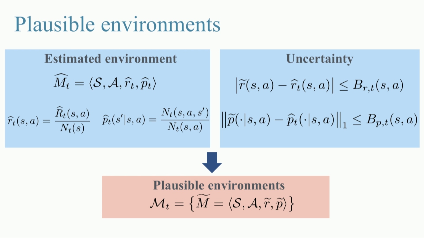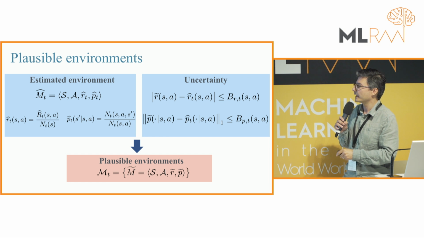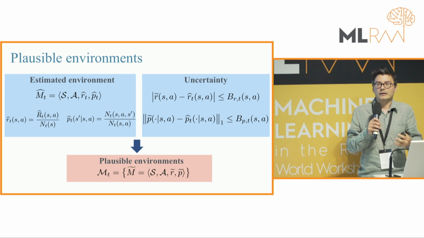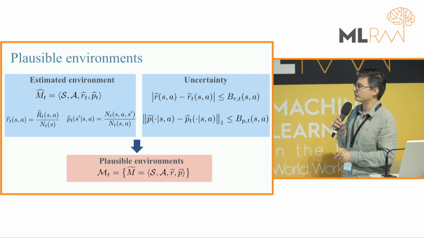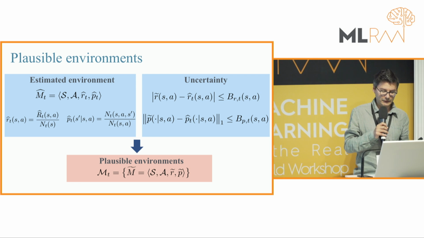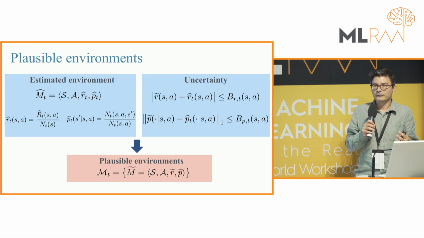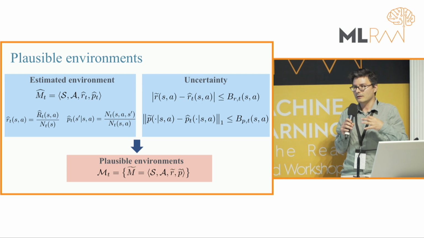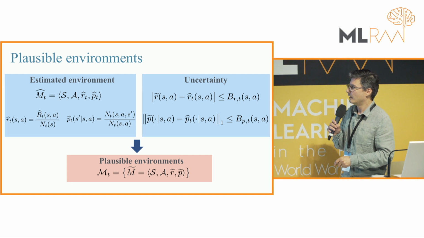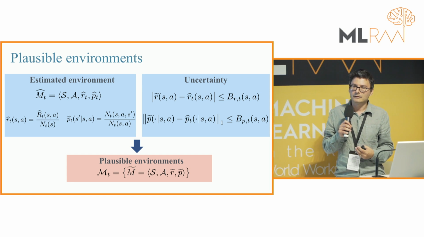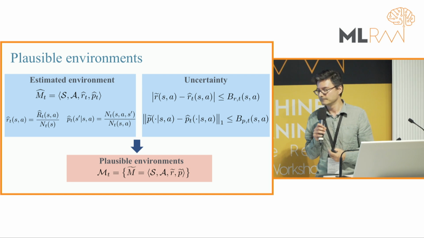So we observe so far an estimated reward r hat, but we are very uncertain, and so we know that the true reward might be more or less close to our r hat by a quantity, which here I'm not entering into the formal details about how to define, but it's some sort of high probability confidence interval that we put here. So what we are effectively doing is just saying, we observe so far something that looks like this estimated environment, but we're also aware that this estimation might be very inaccurate.